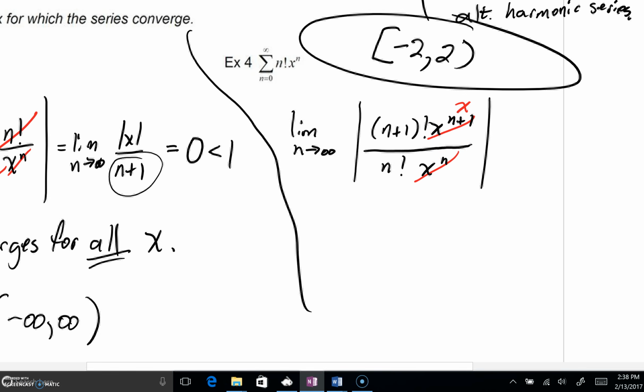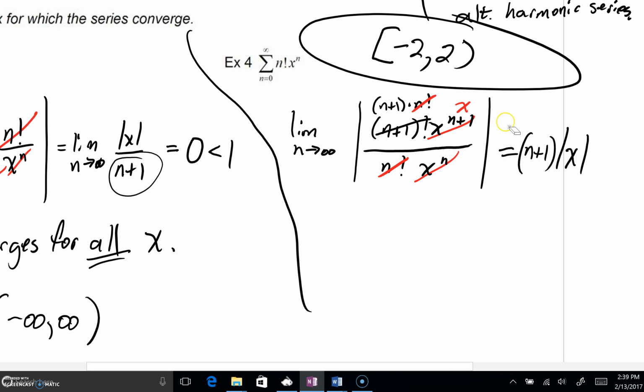One more power of x up on top. And with the n factorials, here we go again. You know, the n plus 1 factorial, you can write that as n plus 1 times n factorial. And happily, you can see that the n factorials are going to cancel out. So it doesn't take too much work to see, yeah, you still have an absolute value of x, but then you've got n plus 1 coming out.